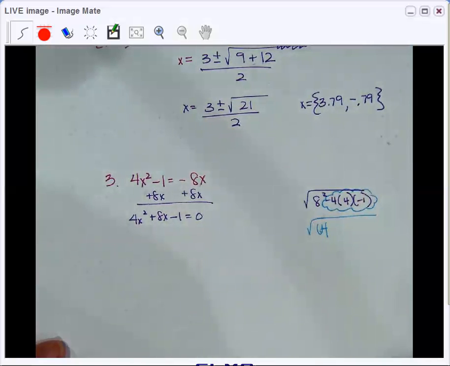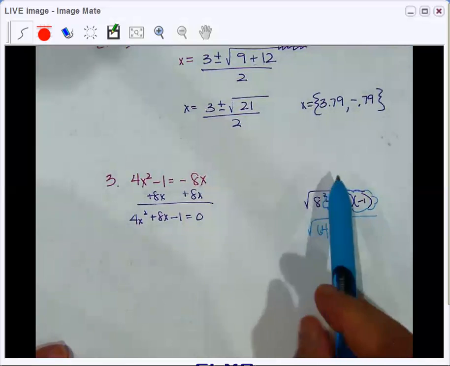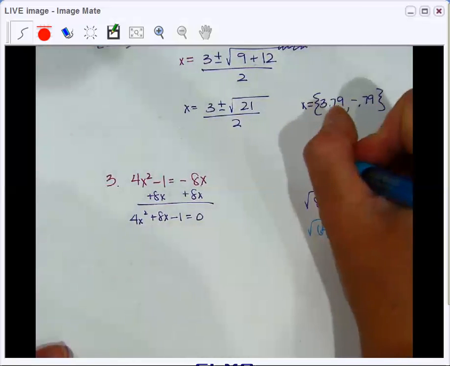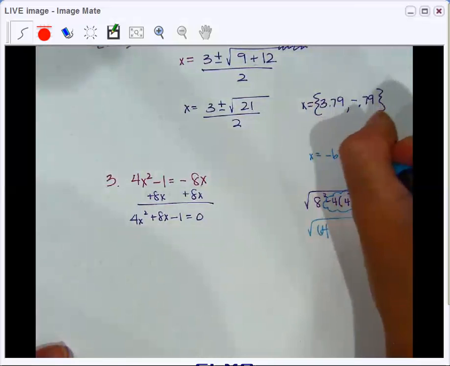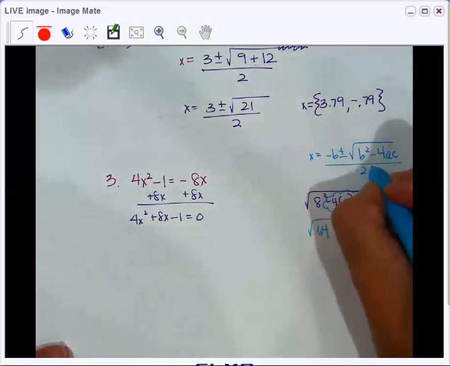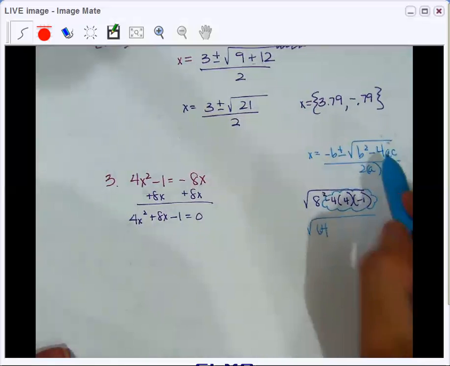I accidentally had a +4 instead of a -4. But -4 is part of the formula. X equals negative b plus or minus the square root of b squared minus 4ac all over 2a. I wrote my formula wrong. Okay.